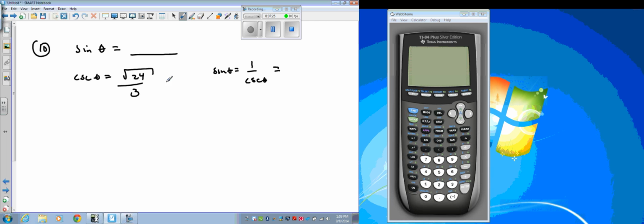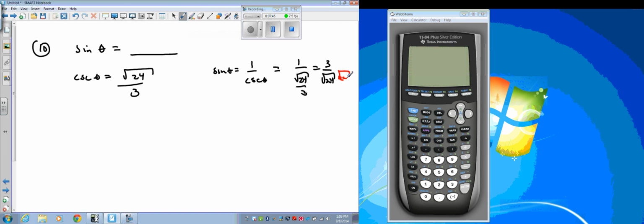So then you put this in there, 1 over the square root of 24 over 3. You invert and multiply, and that's going to be 3 over square root of 24, right? And then what do we have to do? Rationalize the denominator, correct? And how do we do that?